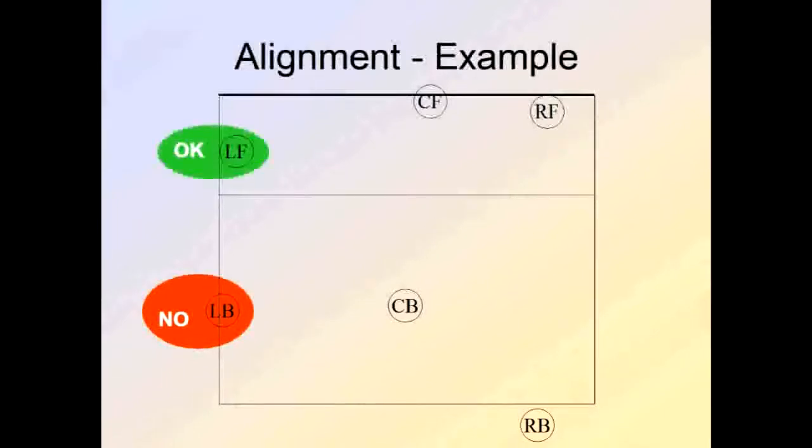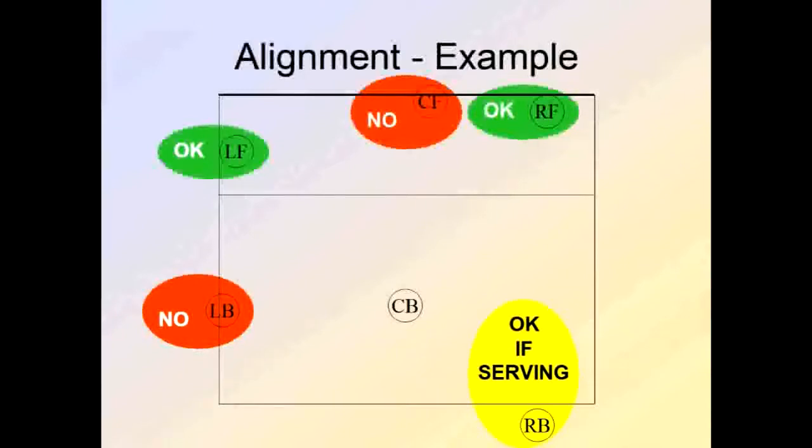If you look at the center front, they have a part of their foot over the center line and therefore would be considered an illegal alignment. Right front has their foot on the center line, which would be okay. You will see that the right back is always considered the server and may be along the boundary line or the end line.